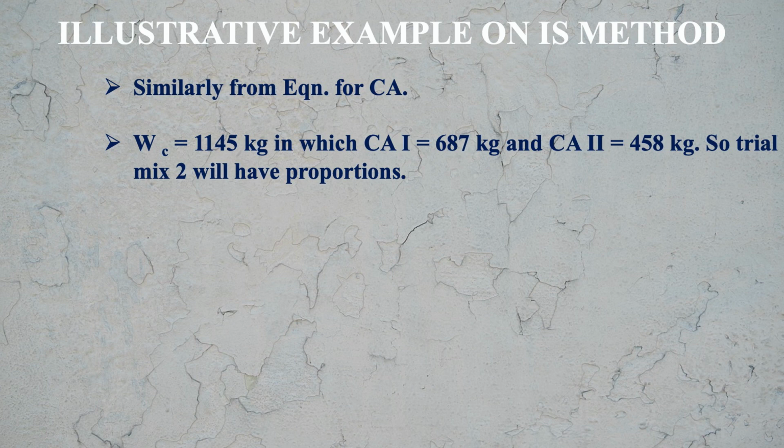Herein type 1, 60% of it will be taken, which comes out to be 687 kg, and for type 2, which is 40% of the total coarse aggregate, 40% of 1145 means 458 kg.